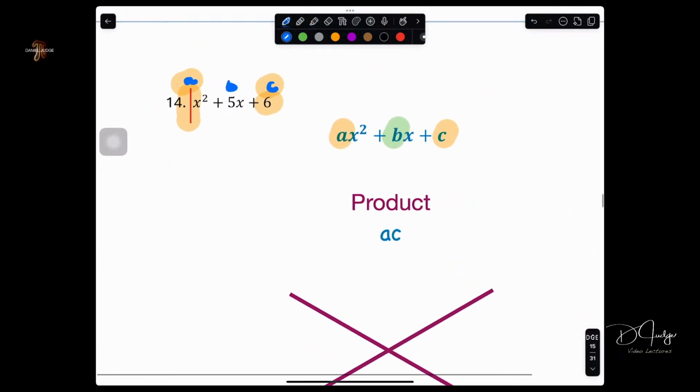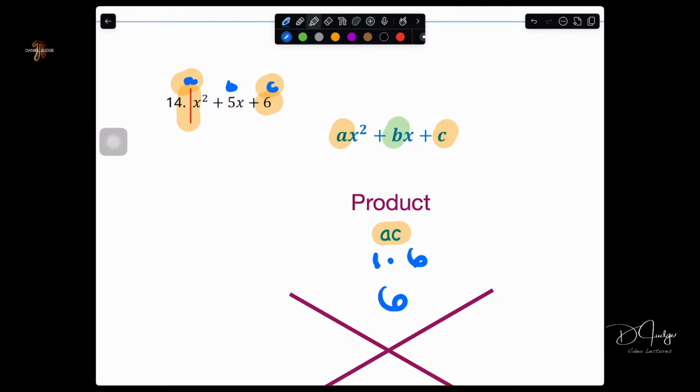You find that a times c, 1 times 6, which is actually 6 now. And you just notate your b value, which is 5.